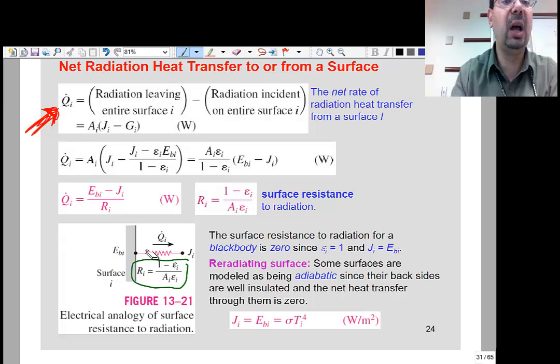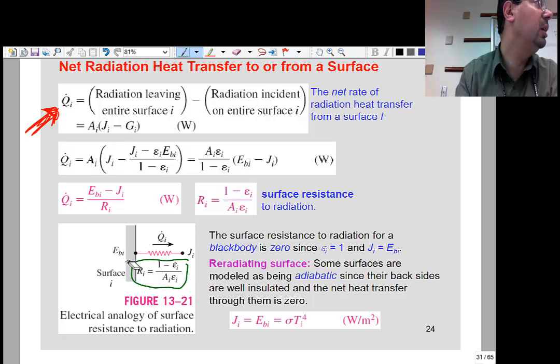This is the resistance that will become 0 if epsilon is 1. Imagine if epsilon is 1, it will be 1 minus 1 over 1. It will be 0, and then J becomes E b I. But if epsilon is less than 1, this will be a number, 0.1, I don't know, but it will be a number.